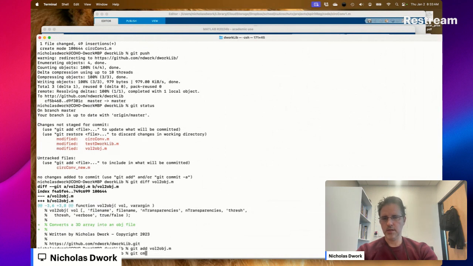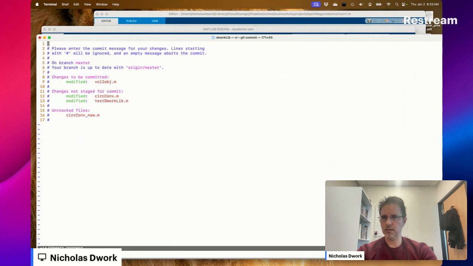This is some minor code, a minor change to code that was part of another project.